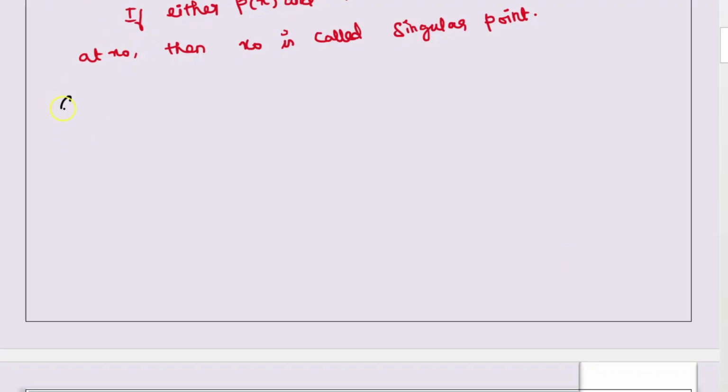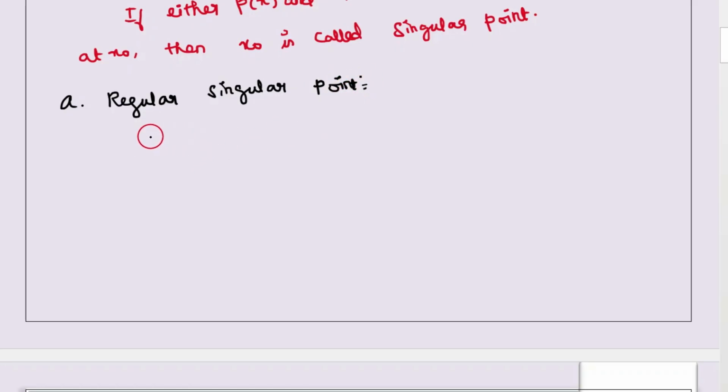Next, in the singular point there are two cases. One is a regular singular point. What is a regular singular point?